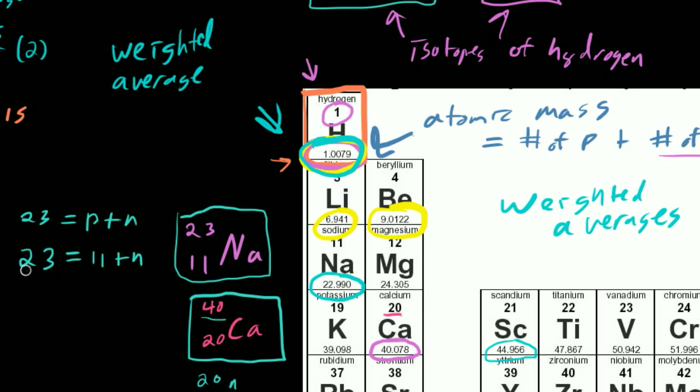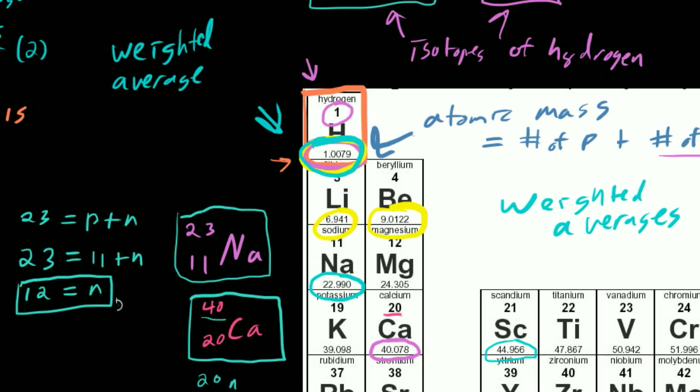That gives us 12. 12 is equal to the number of neutrons. So this sodium isotope, and we could say with a good amount of confidence that it's going to be our most common isotope of sodium, is going to have 12 neutrons.